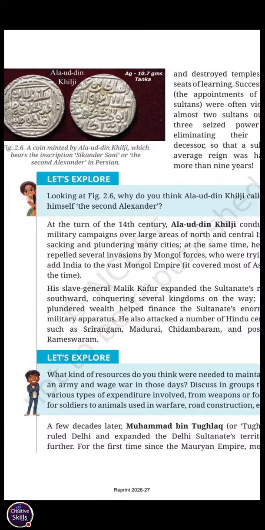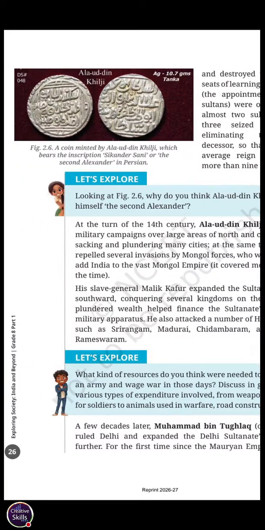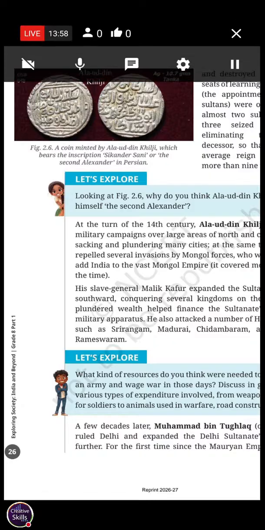See here a coin minted by Alauddin Khilji which bears the inscription Sikandar Sani, or the second Alexander, in Persian. This answer I will dictate: Alauddin Khilji called himself the second Alexander on his coin to show his ambition and military strength.